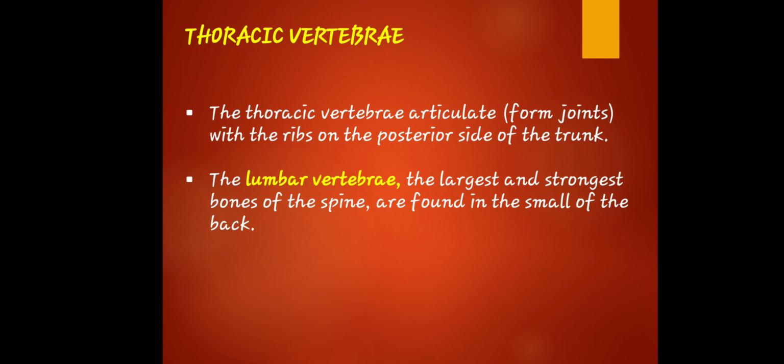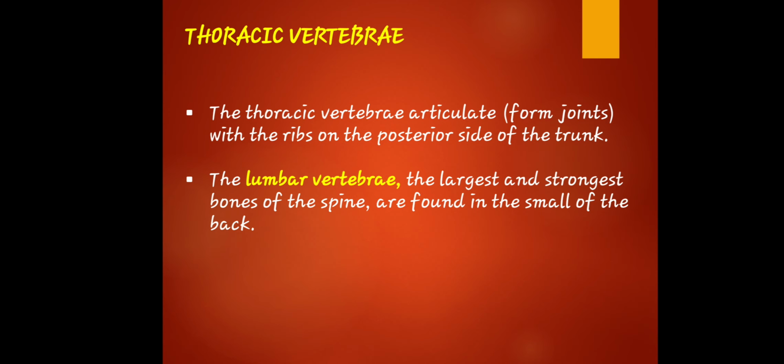In the thoracic vertebrae, this structure has very little motion because they are firmly attached to the ribs and the sternum, or your breastbone. So that is the major function of thoracic vertebrae.